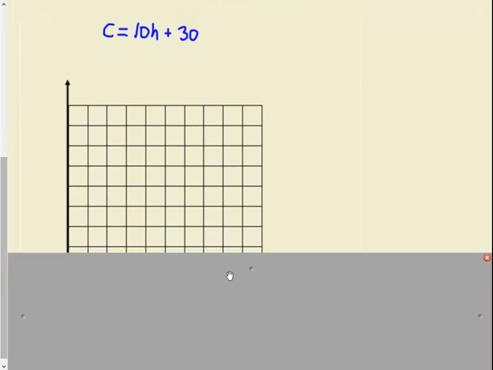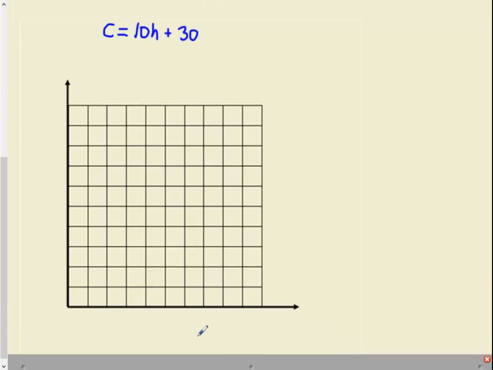Okay, then to graph this, we want to look at, on the x-axis, the number of hikes. And we could pick whatever values we want here. We could start at 0, and how about if we just go by 1, 2, 3, 4, 5, 6, 7, 8, 9, 10, for example. And then here we're going to have the cost on the y-axis, and that's in dollars.